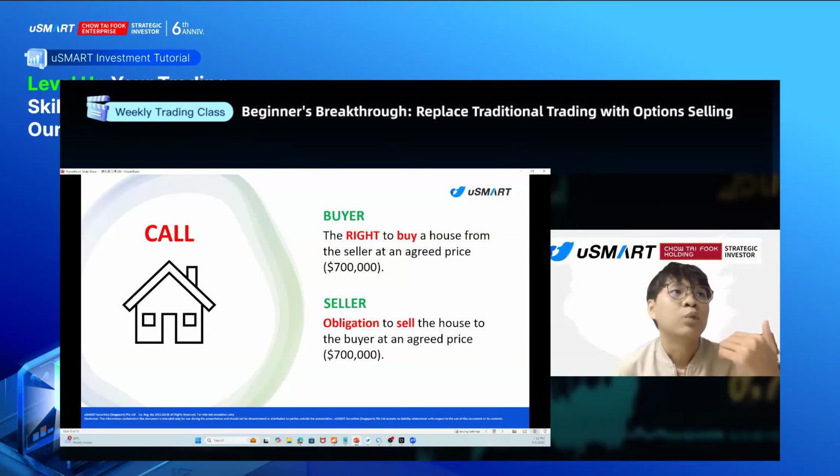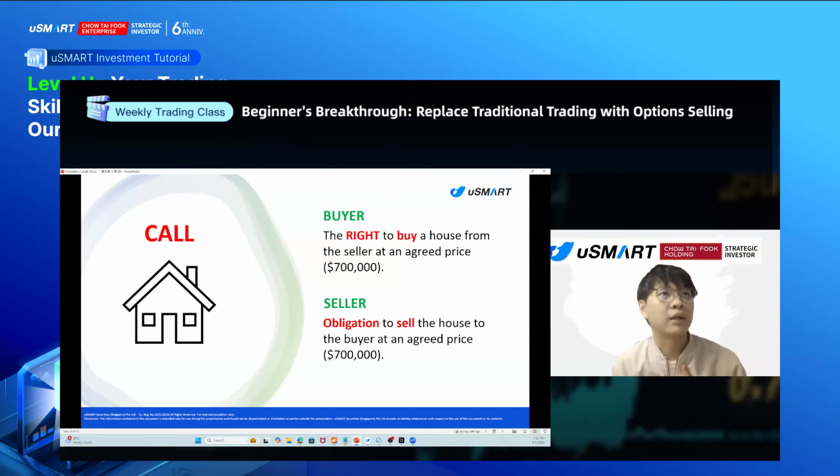So when I'm having this kind of contract, what I'm thinking is I'm actually paying a booking fee to book the value to buy in the future. So in the future, if the property value really goes up, then I can just use this contract to buy at a lower price. But what if the value of the property doesn't go up in the future? Let's say the property value drops to 500,000 or 400,000 in the future.